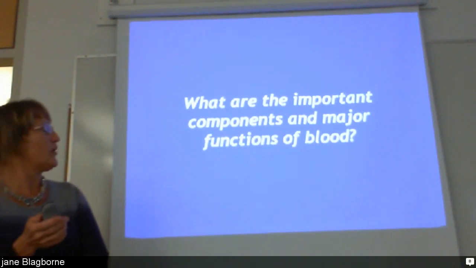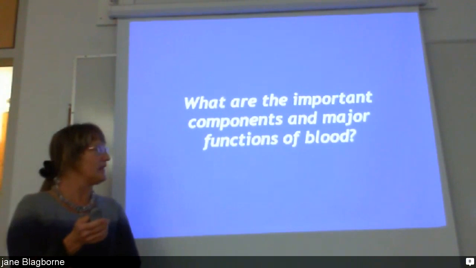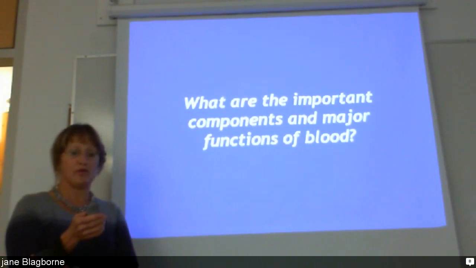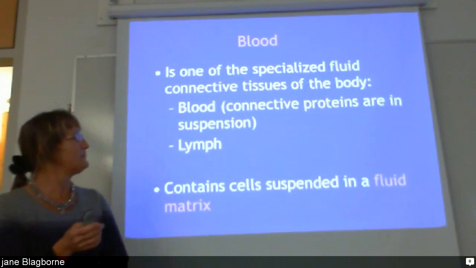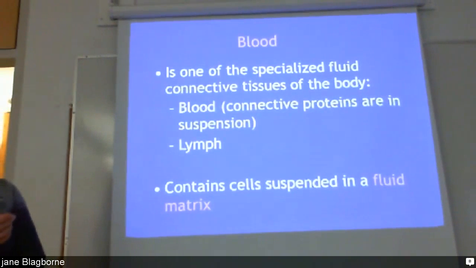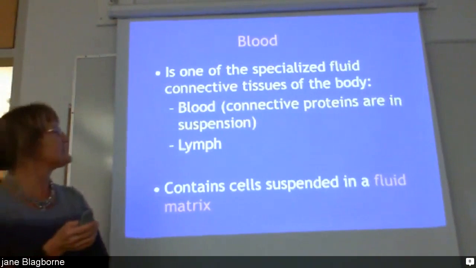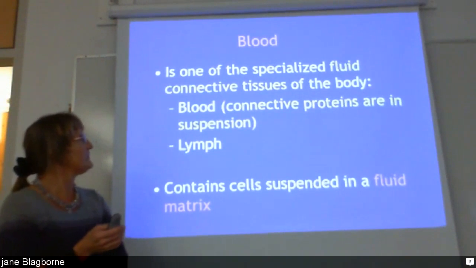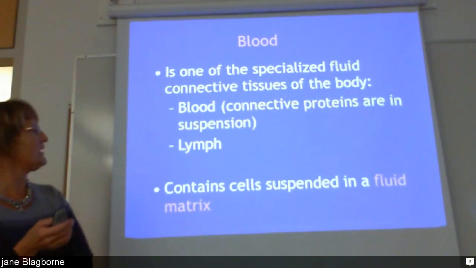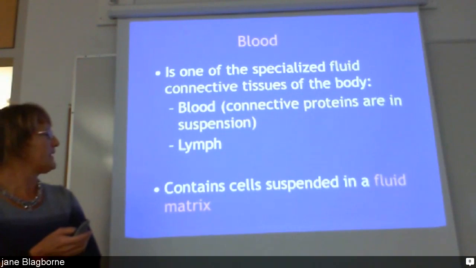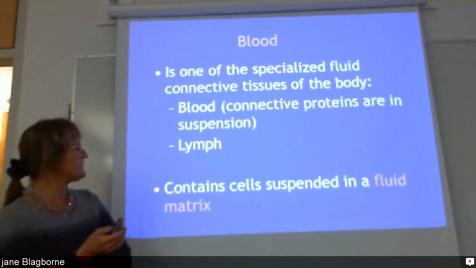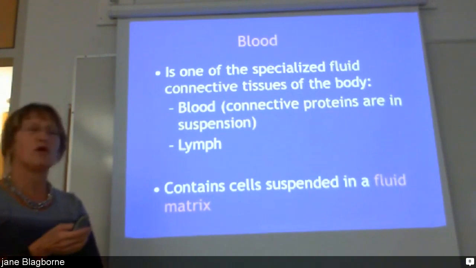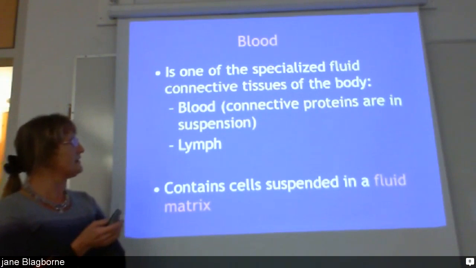So what are the important components and major functions of the blood? That's what we're going to be discussing for the rest of this morning. So as it says here, the blood is a specialized fluid connective tissue of the body. The proteins are in suspension, and later on we'll talk about what they're suspended in.